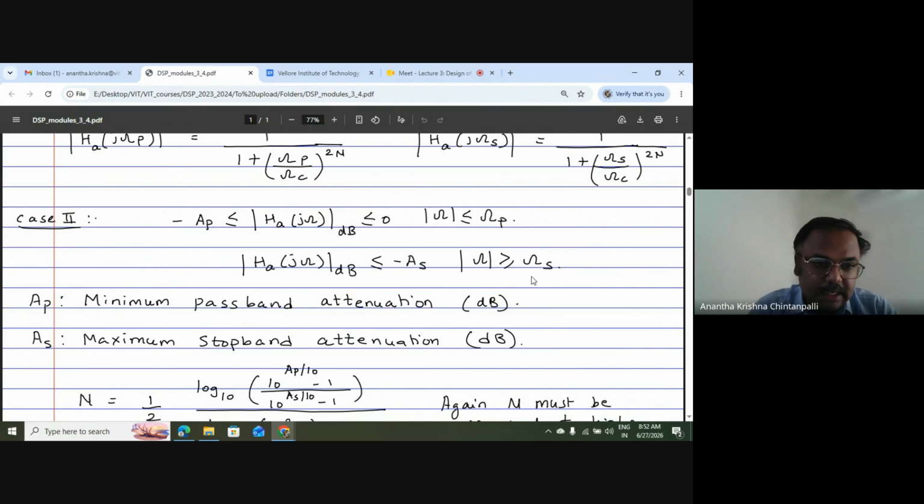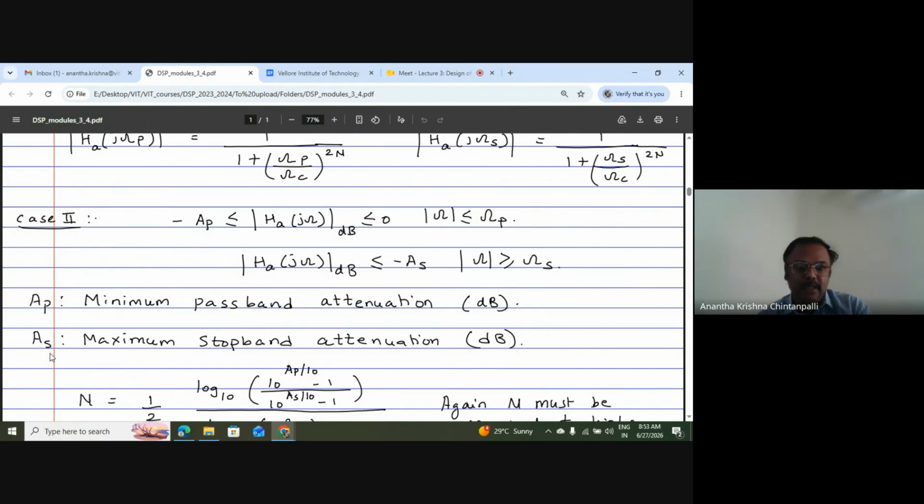AP is the minimum pass band attenuation in dB, and AS is the maximum stop band attenuation in dB. Make sure that these are positive, even though in the specification it is given as negative. When you derive with these, AP and AS need to take a positive value. For 3 dB attenuation, AP is 3.